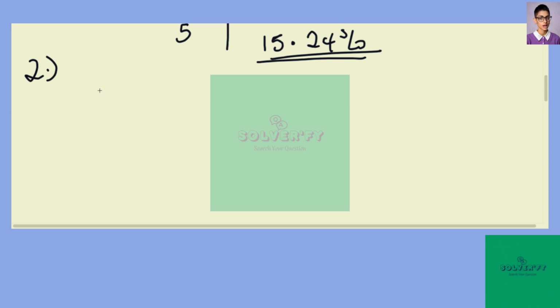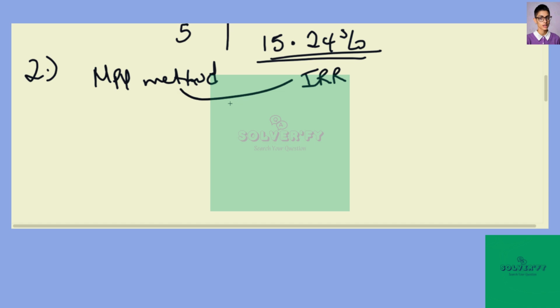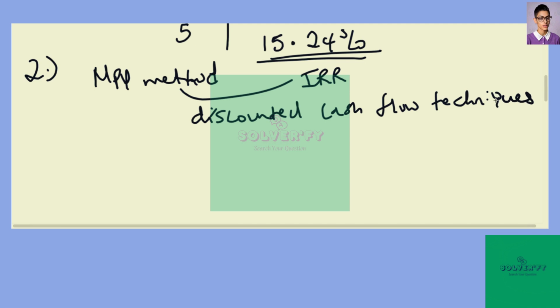The net present value method and the internal rate of return are both discounted cash flow techniques. The cash outflows and inflows are adjusted with the present value factors.